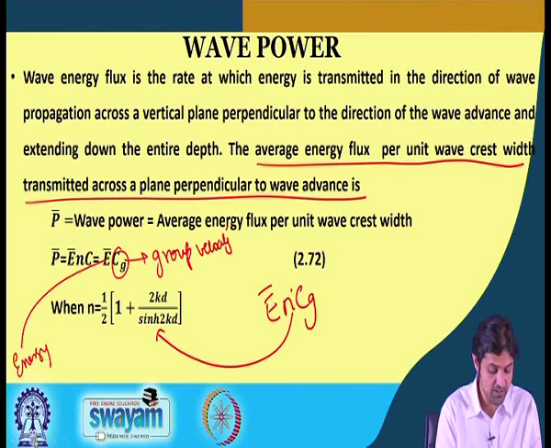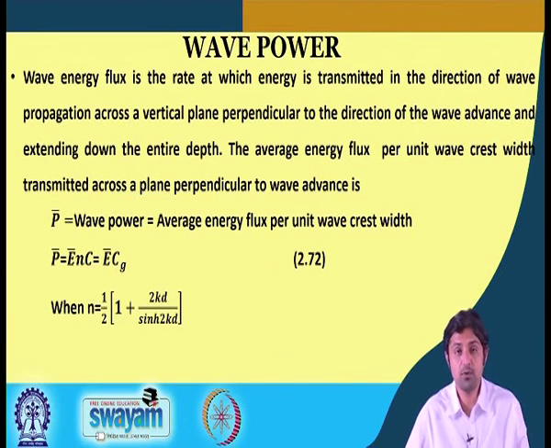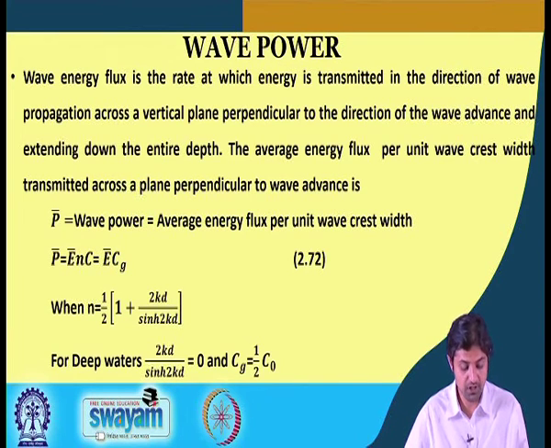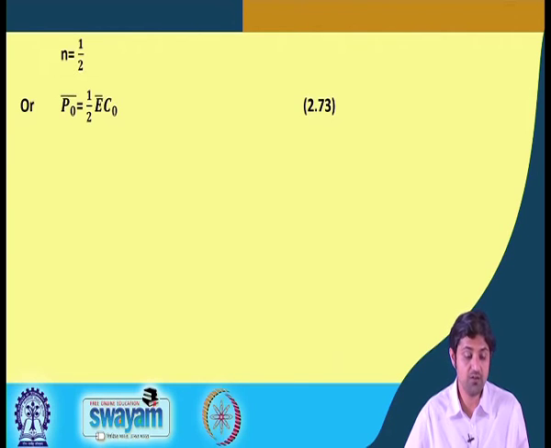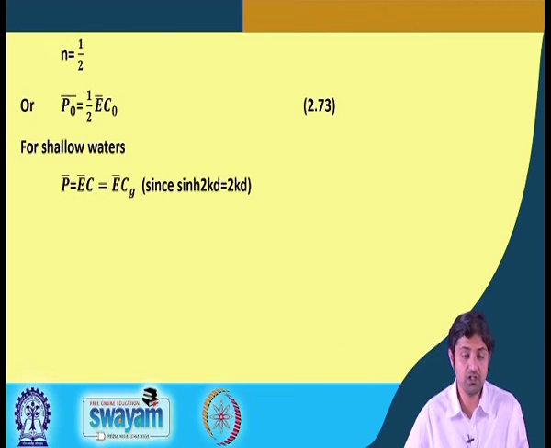So, you just need to remember the formula as E bar into Cg, where E bar was gamma A square by 2. For deep water, you know that Cg was half C naught, n is equal to half. So, power is going to be half E into C naught. For shallow water, it will be E into Cg, because Cg is C only.